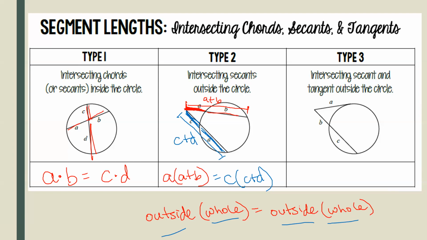So looking at the type 3 picture, here you have the piece on the outside, that's A, and the length of the whole thing just happens to be A still. For the secant that we see, the piece on the outside is B, and the length of the whole thing is B plus C. So now A times A actually gets simplified.